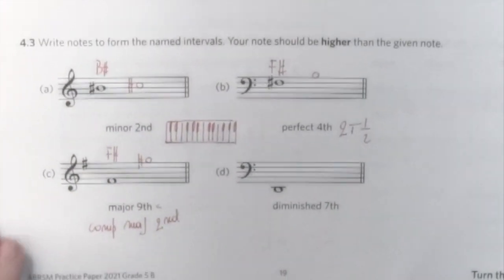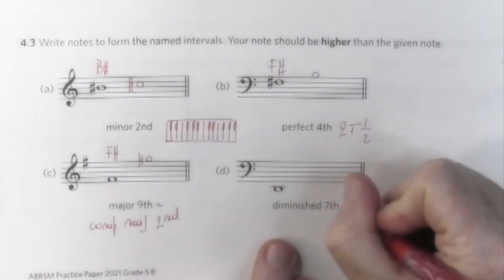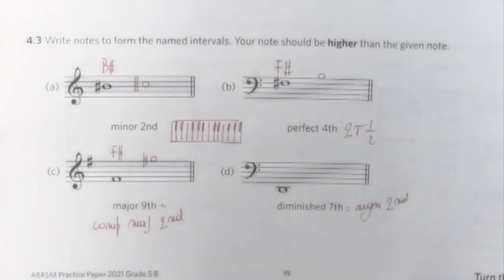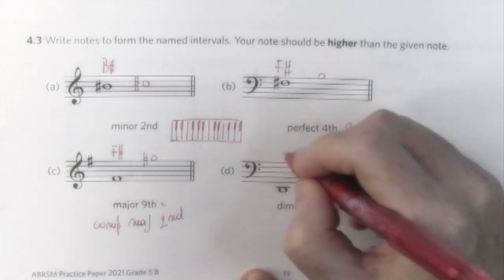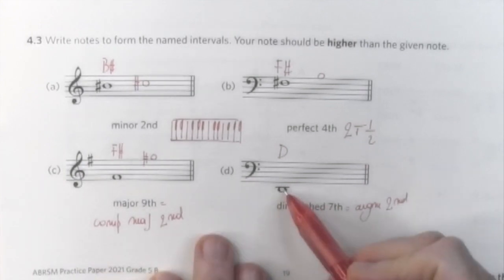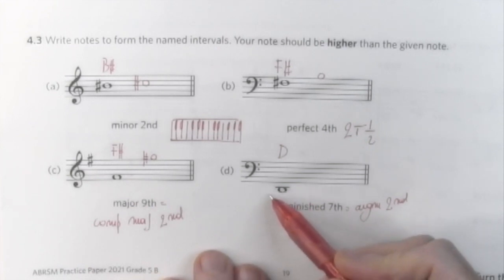Meanwhile, the very last exercise is a diminished seventh they ask us to do, which is equal to an augmented second flipped over. So this is D, okay, this is Re in bass clef. An augmented second down I need to find, okay?